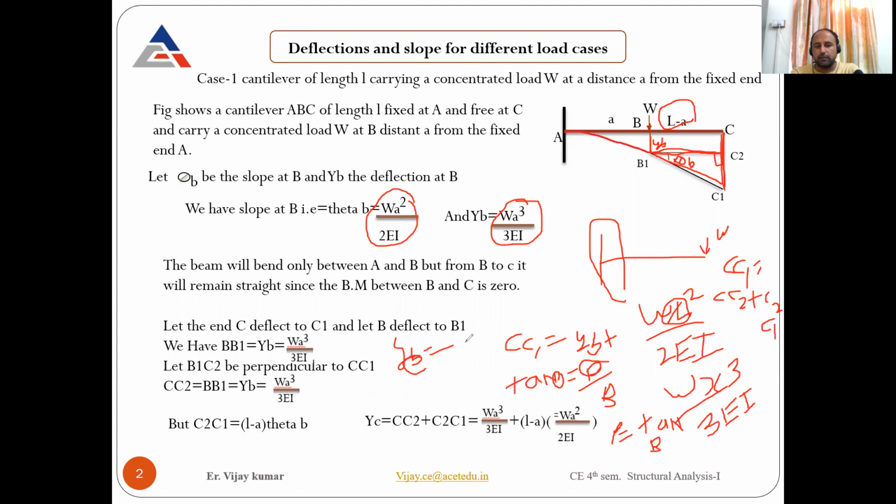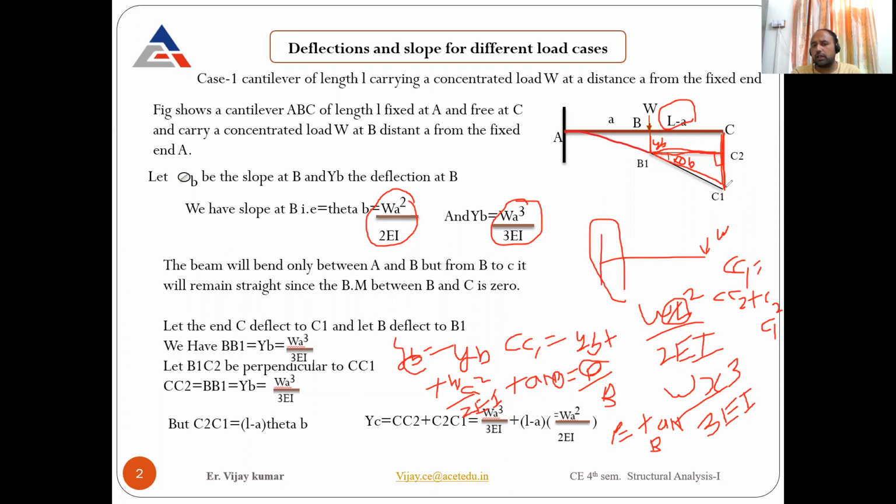That will be equal to YB plus C2C1, which is the perpendicular. The perpendicular is nothing but this slope into L minus A. The slope we already calculated, that is WA square divided by 2EI, into L minus A. That is the value that we need to find.